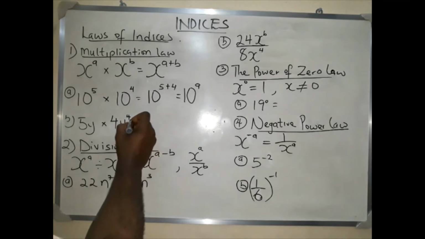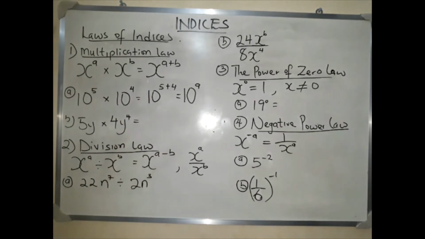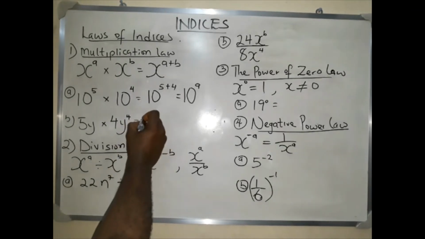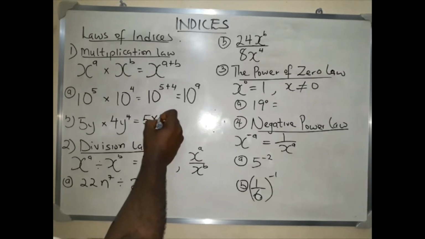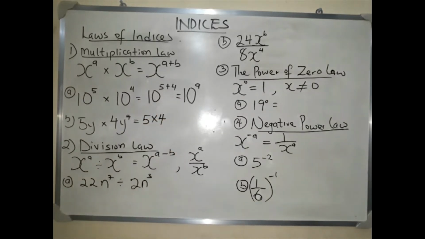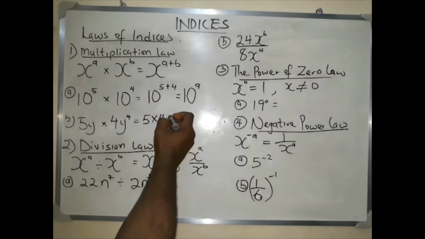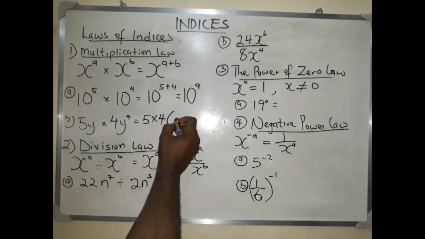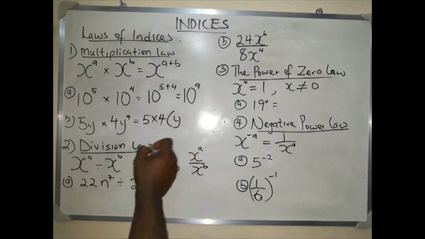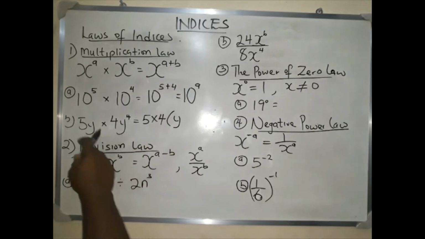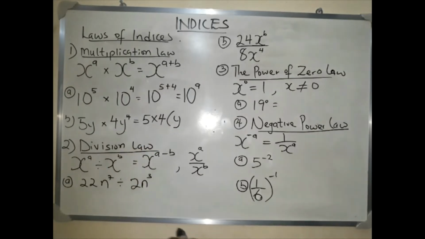So when you come here, you now say 5 times 4, you multiply them normally because they are not similar. Then you now put in brackets, you put your y, and then you now add their indices.